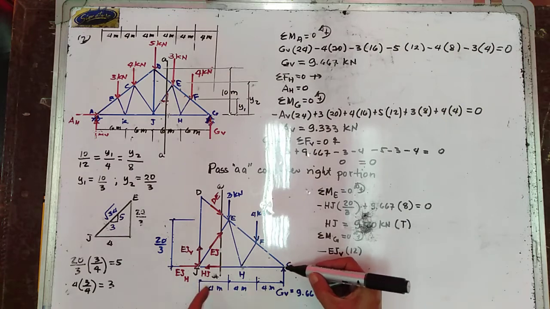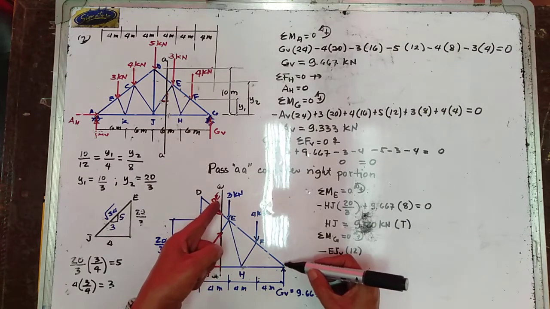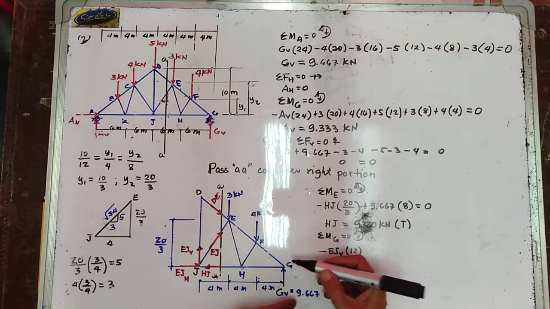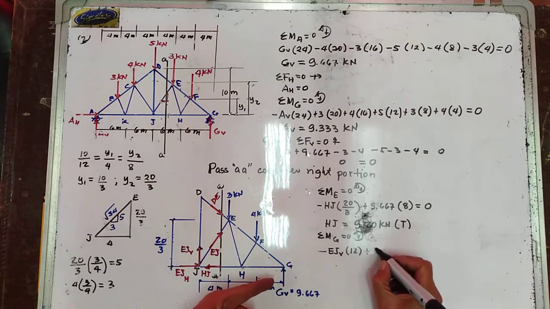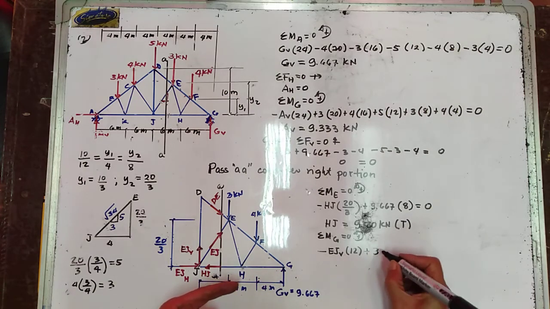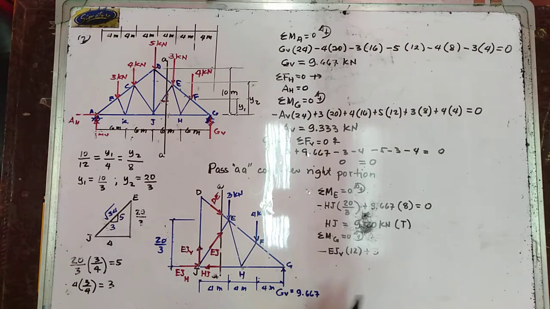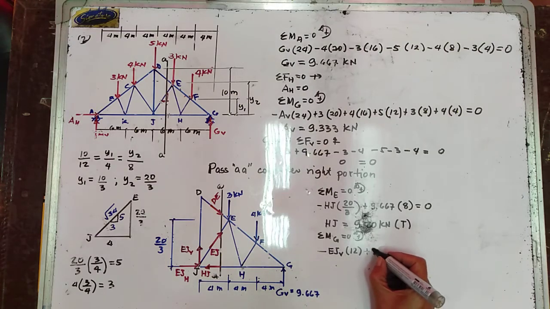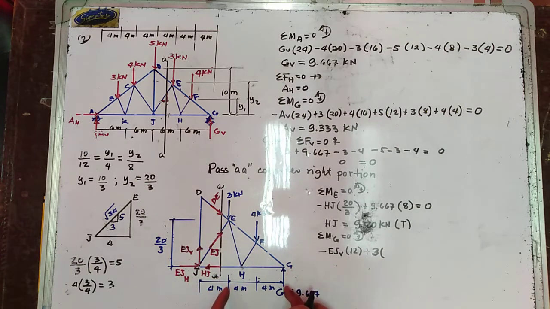And then we have your 3 counterclockwise, that is plus 3. Plus 3, the moment arm is 8.